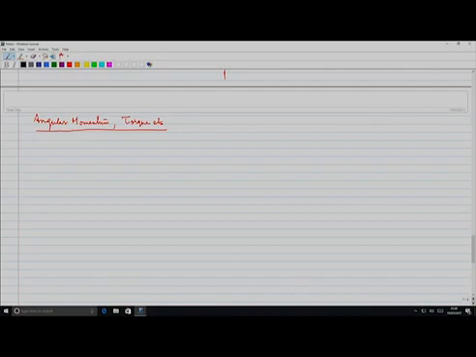A rigid rod of mass capital M and length L rotates in a vertical plane about a frictionless pivot. This is the origin, a frictionless pivot through the center.